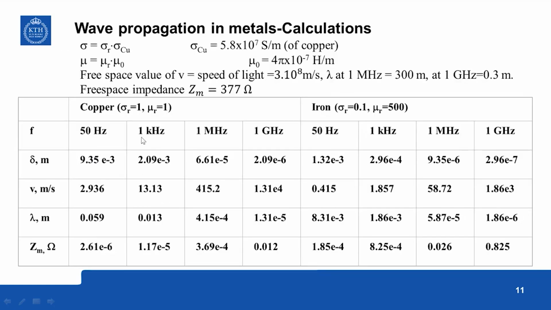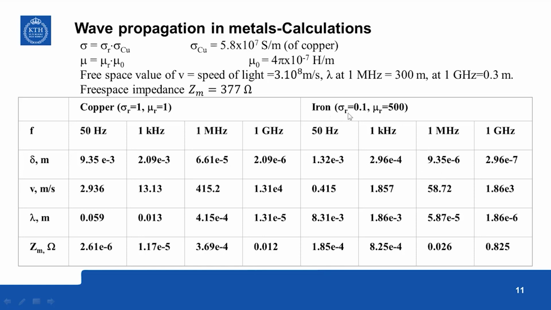So let's see here, 1 kilohertz. This is decreasing from 50 hertz. Velocity is increasing. Lambda has decreased further. The impedance has also decreased further. So similarly, you can calculate 1 megahertz and 1 gigahertz.